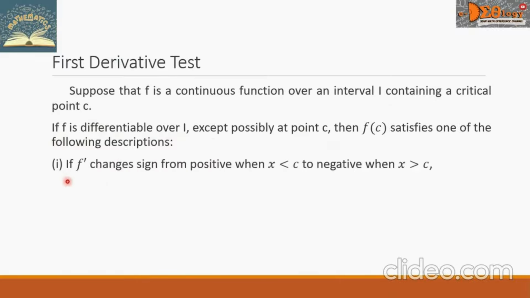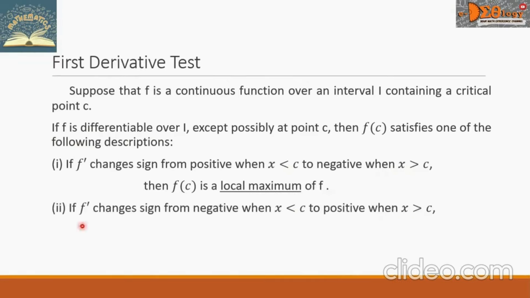Number 1, if the derivative changes sign from positive when x is less than c to negative when x is greater than c, then f of c is a local maximum of f.